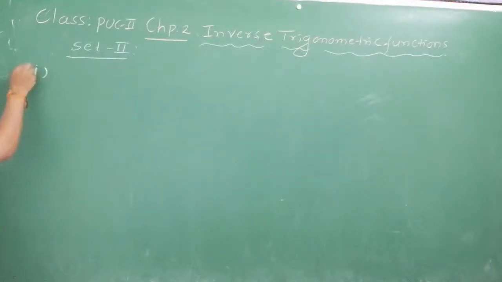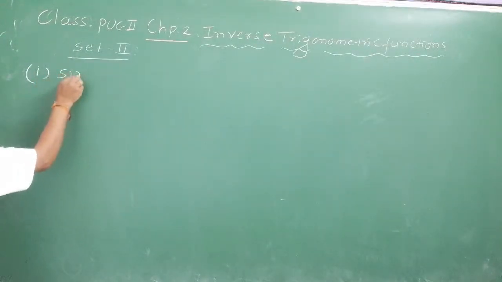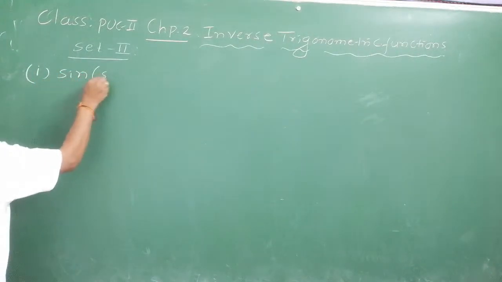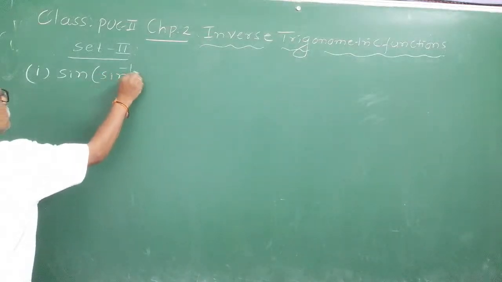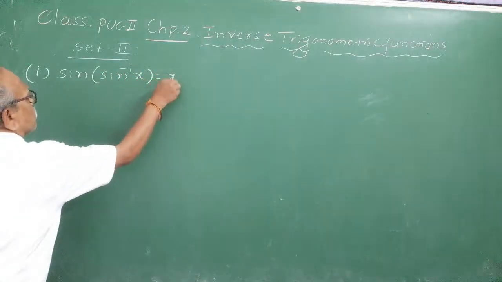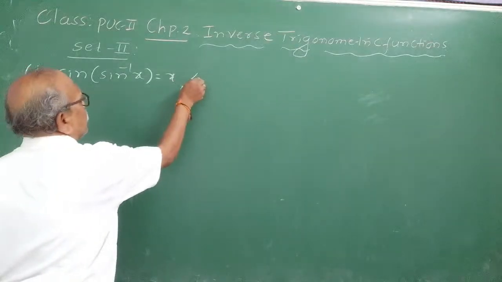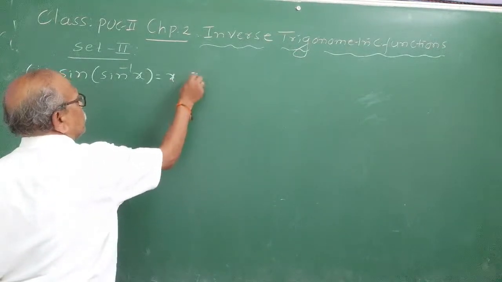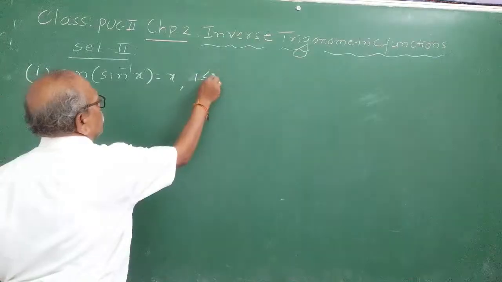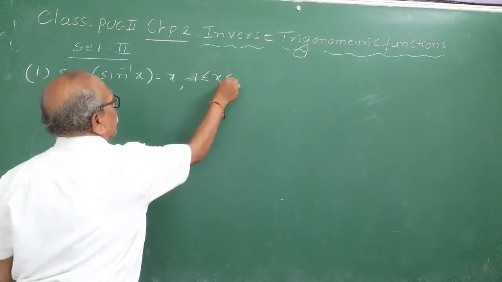The set is like this: sine of sine inverse x is equal to x, provided x lies between -1 and +1.